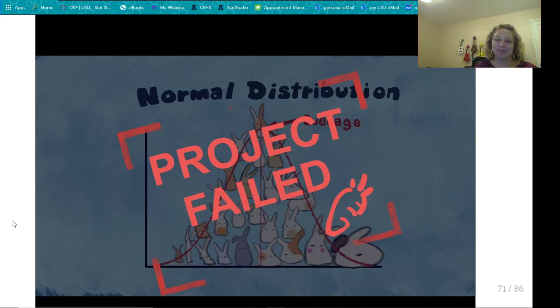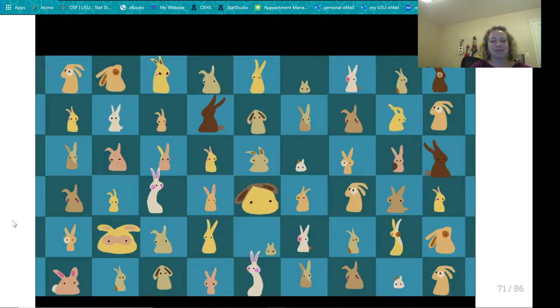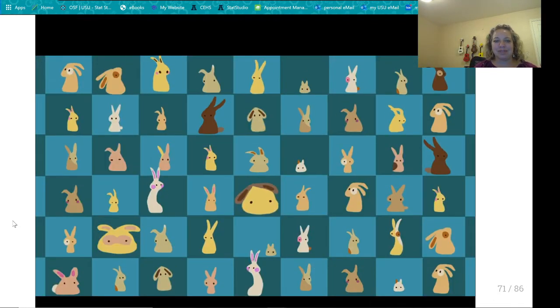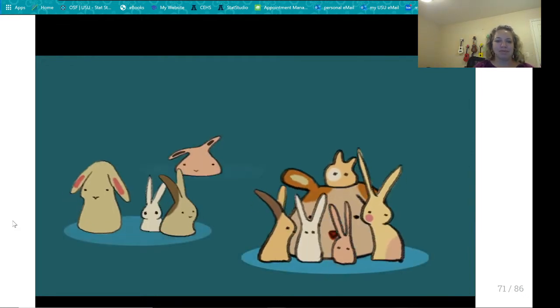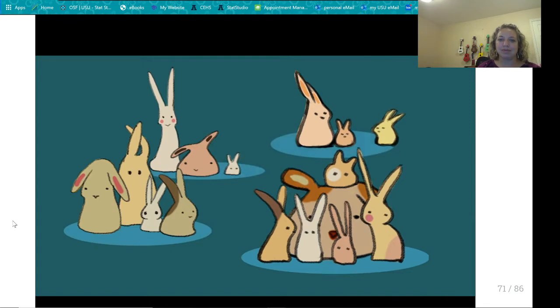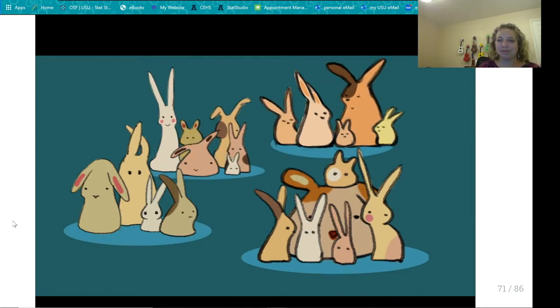So, he changes the plan. Instead of measuring every rabbit in the whole group, he decides to measure rabbits in small groups, chosen at random from the whole group. He knows that each small group won't necessarily be perfectly representative of the whole group. So he measures many small groups and then compares the averages of each.